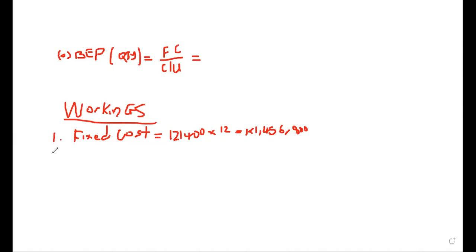You can also do the same for variable costs. Let's do also the same for variable costs. So total variable cost is equal to, so let's go to the question. So which are the variable costs? We are given the variable cost as the variable manufacturing costs. So have you seen those costs there?